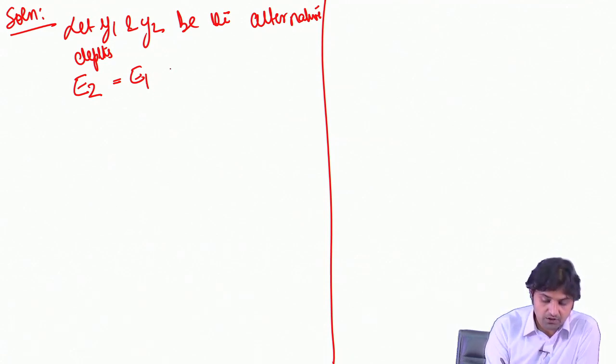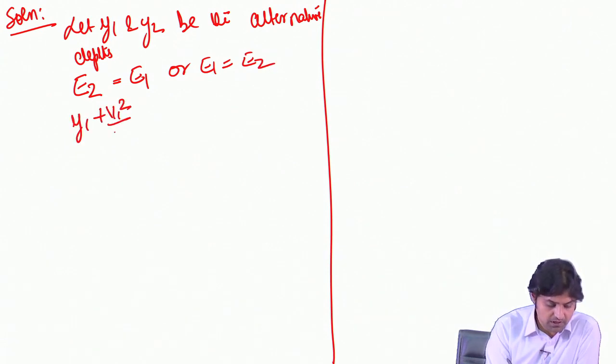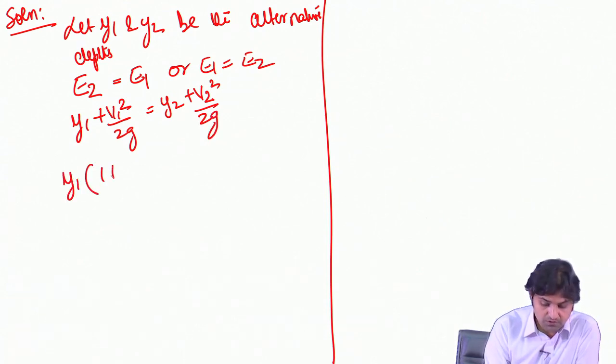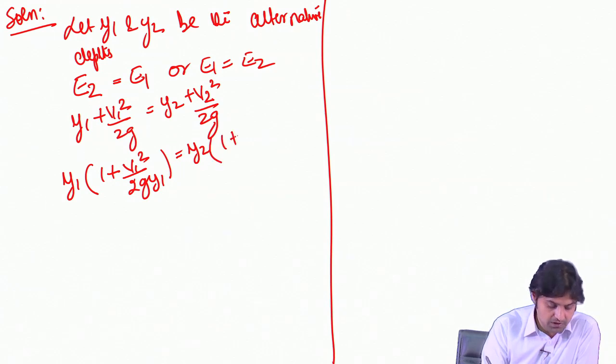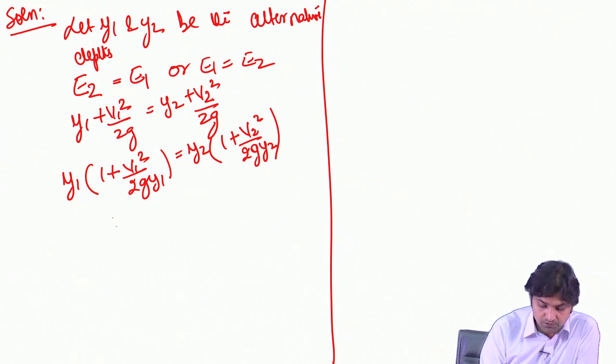So, E1 is equal to E2, which means y1 plus v1 squared by 2g is equal to y2 plus v2 squared by 2g. We will take y1 common, so it becomes (1 plus v1 squared by 2g y1) times y1 is equal to (1 plus v2 squared by 2g y2) times y2.